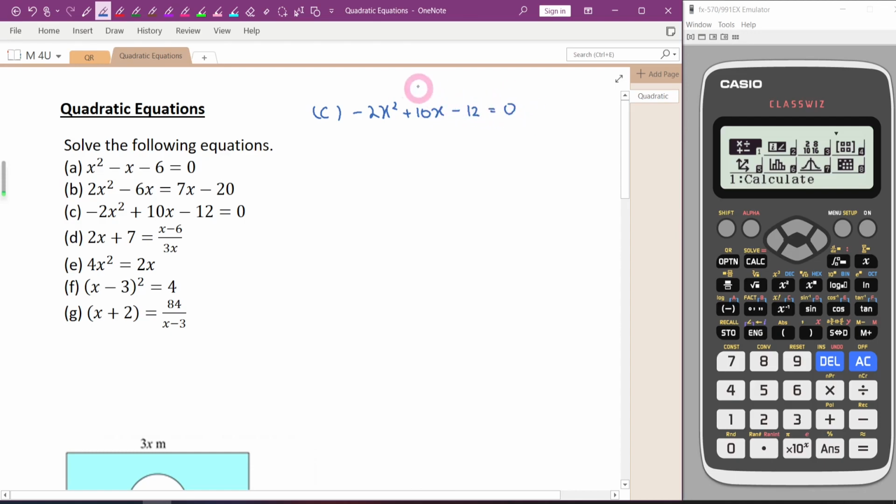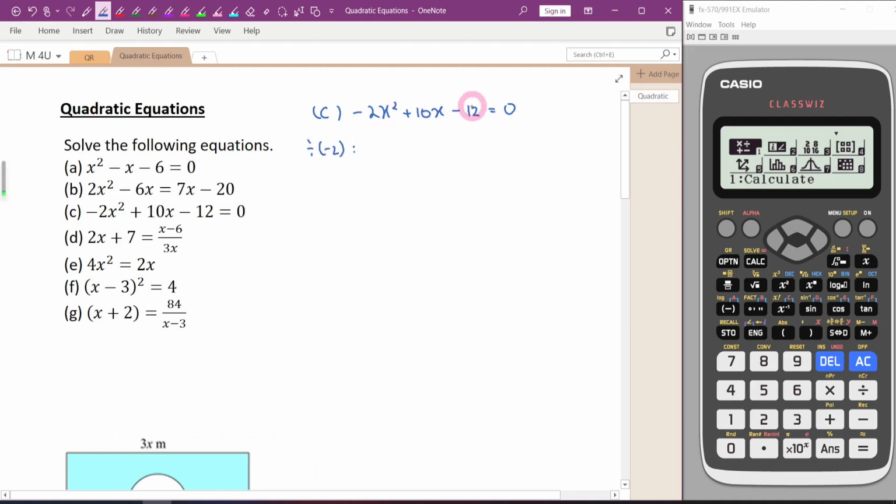Normally, I would suggest students make the coefficient of x squared positive. And if we have any common factor here, we can divide the whole equation by the common factor to make the numbers smaller, then it will be easier for us to do the factorization. So I'm going to divide this whole equation by -2.